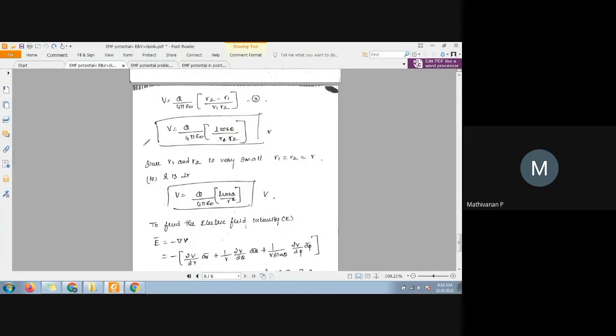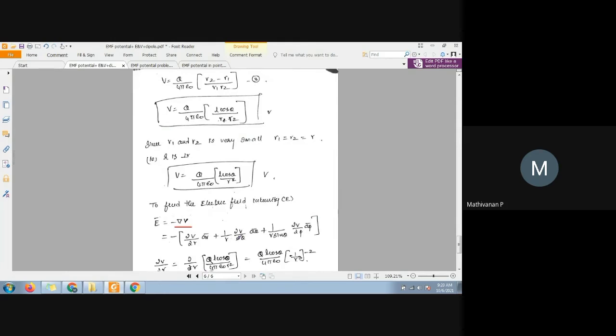Now I'm going to expand del V, that is what I have represented here. How do we represent del V in terms of the spherical coordinate system? You can refer to the spherical coordinate system for del V in your previous notes. So dou V by dou R A R vector, plus 1 by R dou V by dou theta A theta.